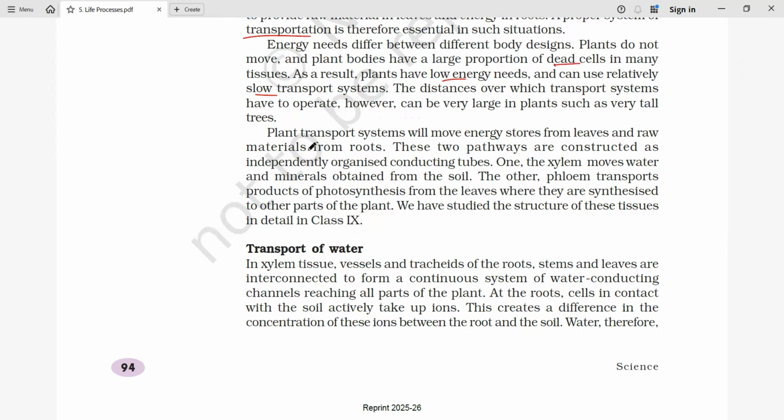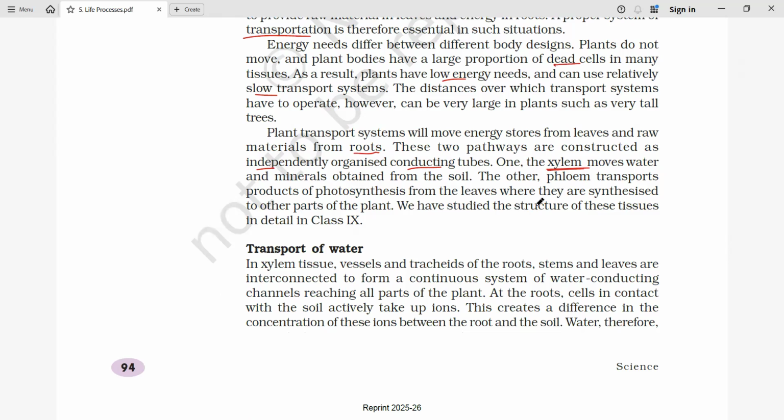Now finally, how does it reach from the roots to the leaves? This can be seen in a different way, organized in conductive tubes. The important thing is the xylem.